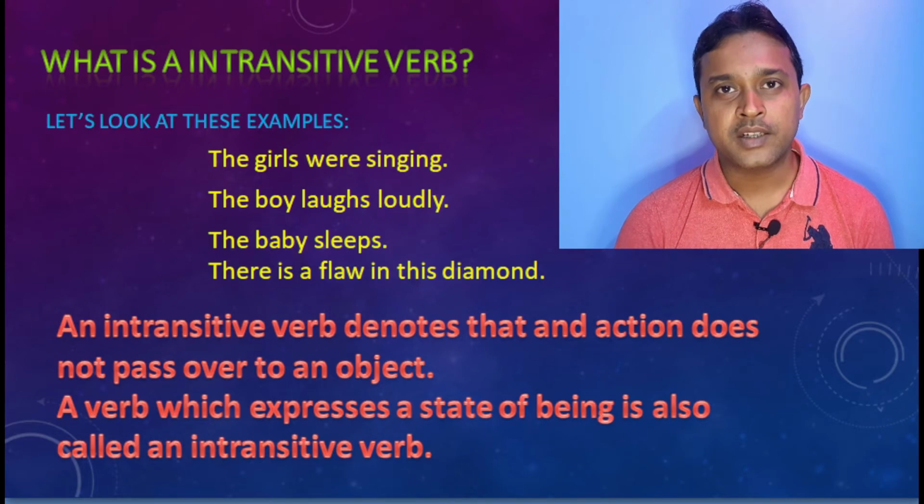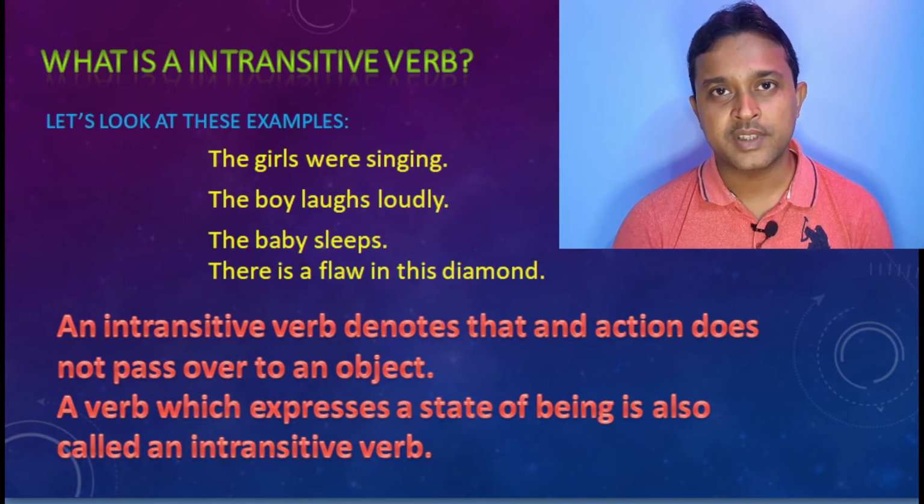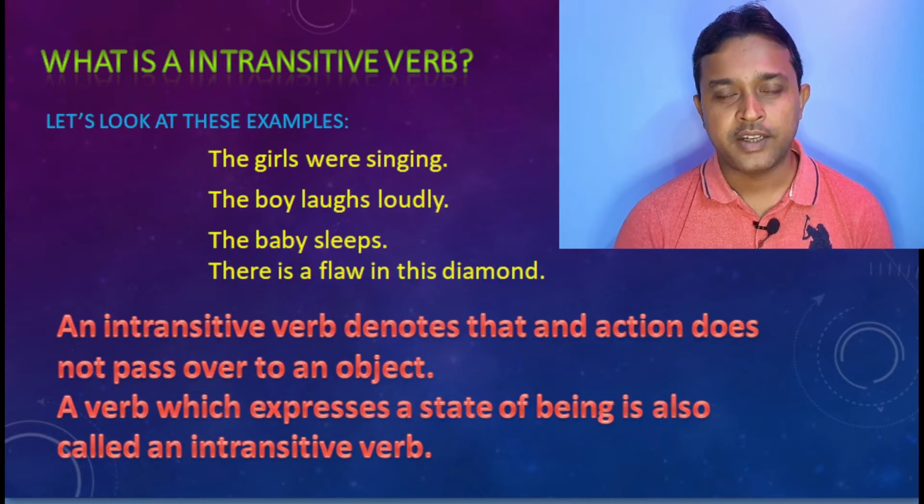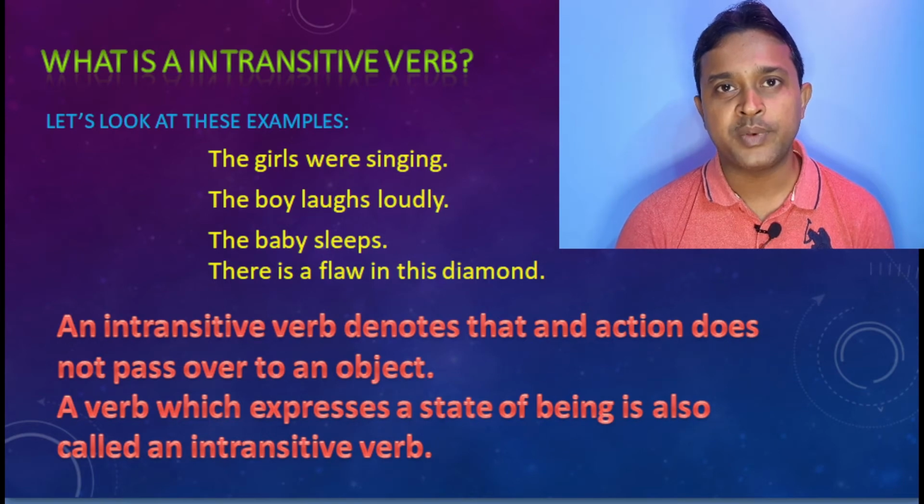If we look at the examples here, we will find that an intransitive verb is followed by an adverb or a phrase beginning with a preposition after it to complete the sense in a sentence.